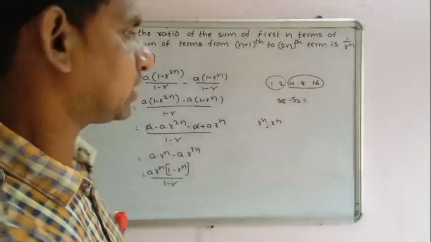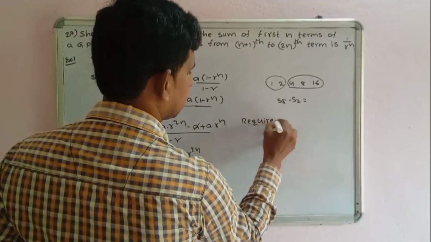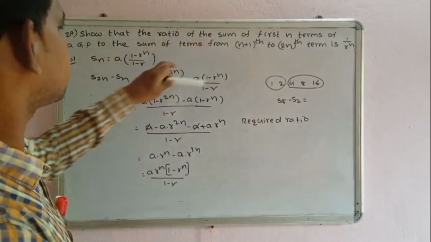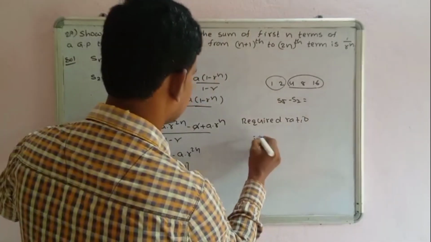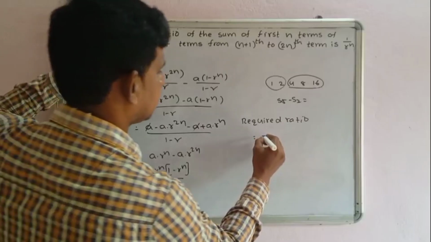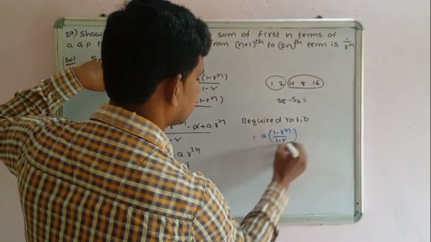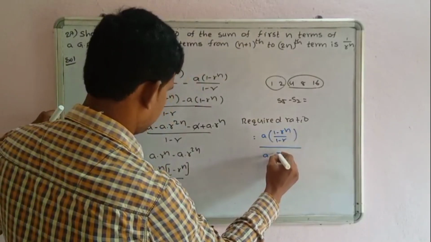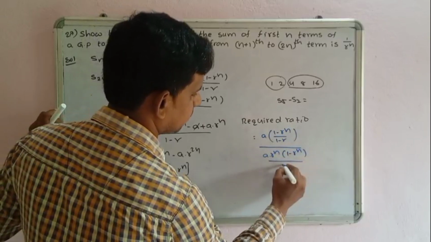Okay. Now the required ratio. What is the required ratio? We need to find the ratio of the sum of first n terms to this. So the sum of first n terms, the required ratio equals a into 1 minus r power n by 1 minus r, over a into r power n into 1 minus r power n by 1 minus r.